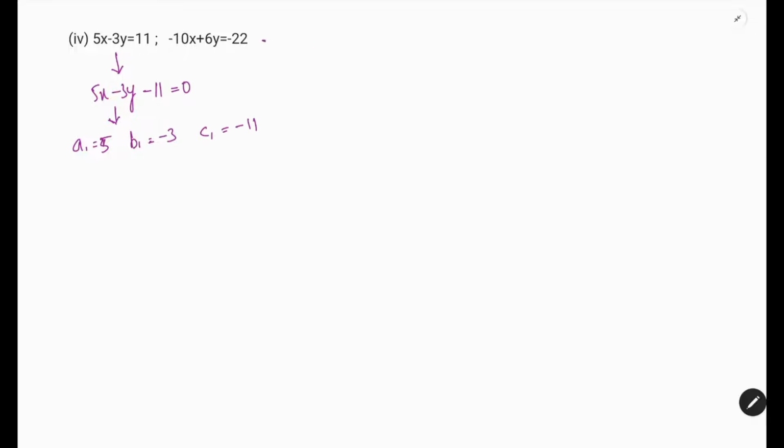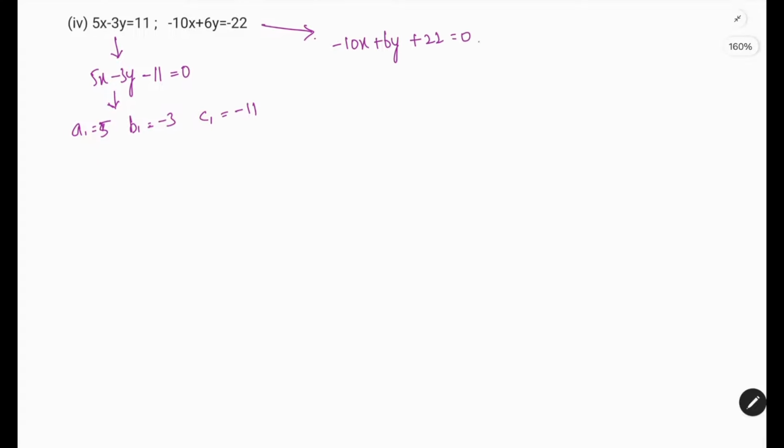Okay, and in this second equation, take the constant term to the left side, minus 10x plus 6y plus 22 equal to 0. Here a2 is the coefficient of x, b2 is the coefficient of y and c2 is the constant term.